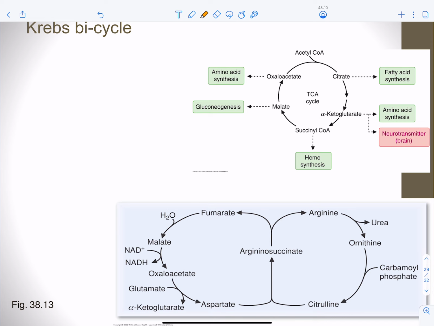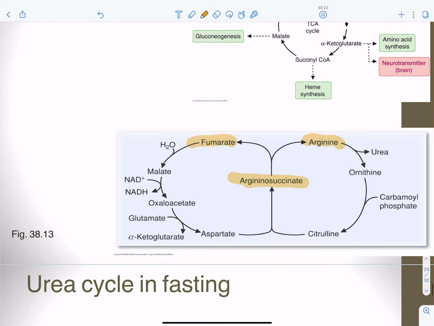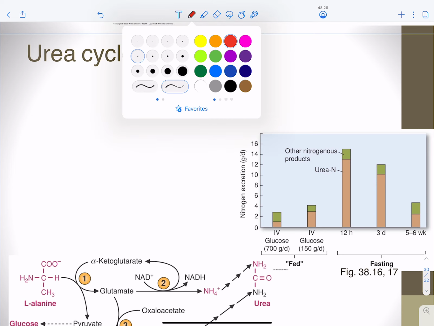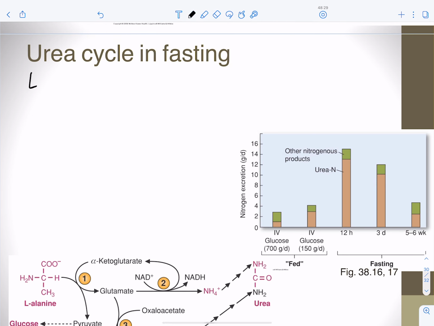Okay, so these are the pictures from your book for the same thing. So again, it's this argininosuccinate which links the urea cycle to eventually your TCA cycle. Now, in fasting, your liver has to maintain blood glucose. Right, so it needs to have carbons for gluconeogenesis.